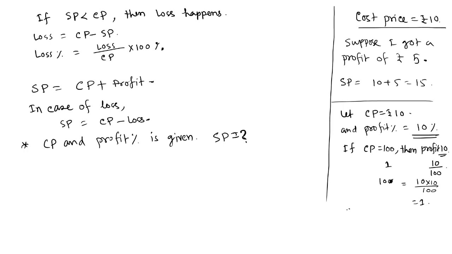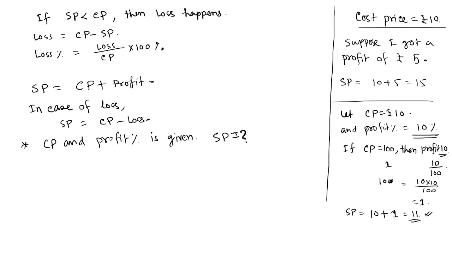Now the SP would be nothing but rupees 10 and the profit I have to add. So, the 11 rupees is the SP. So, SP minus CP becomes 1 and 1 is the profit. Everything matches. Therefore, if we want to make a formula, first our target should be to get the actual amount of profit.